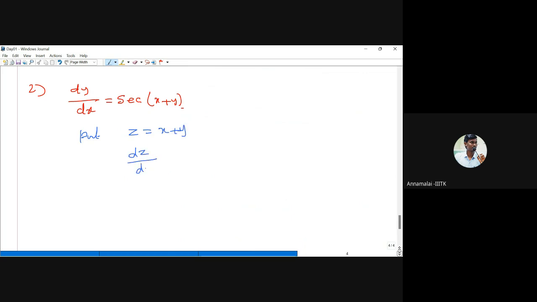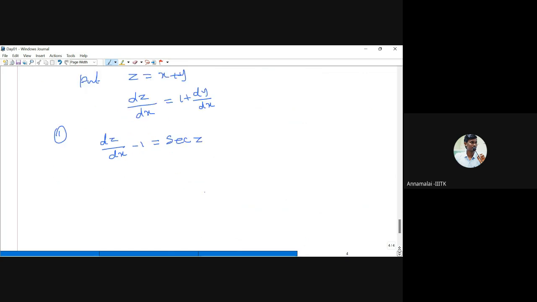Now what is dz by dx? We differentiate both sides with respect to x. We get 1 plus dy by dx. Now therefore equation 1 becomes dy by dx, which is nothing but dz by dx minus 1, equal to secant z.